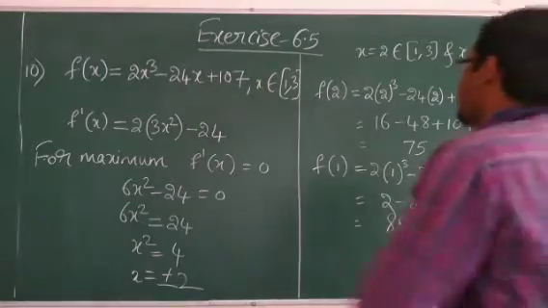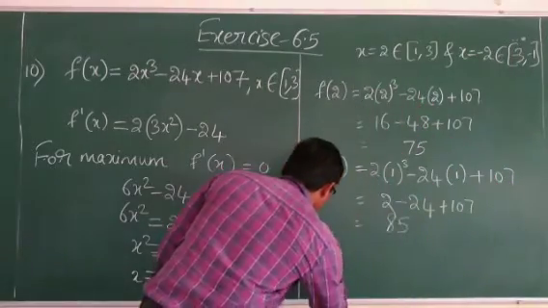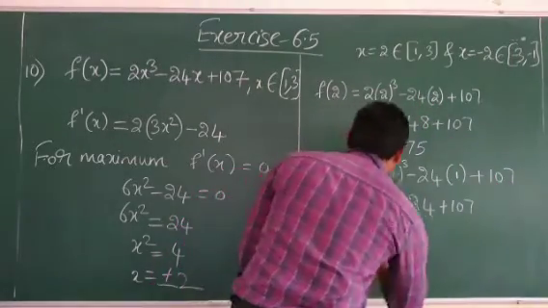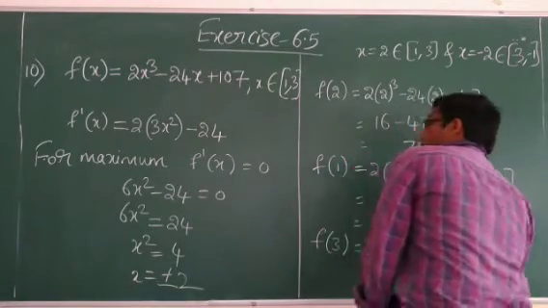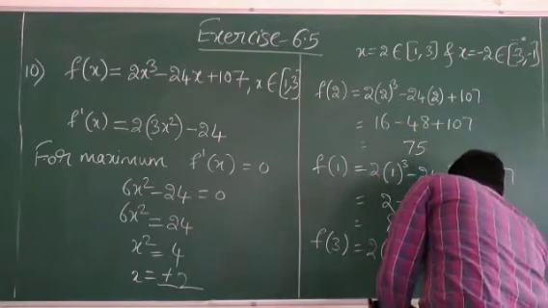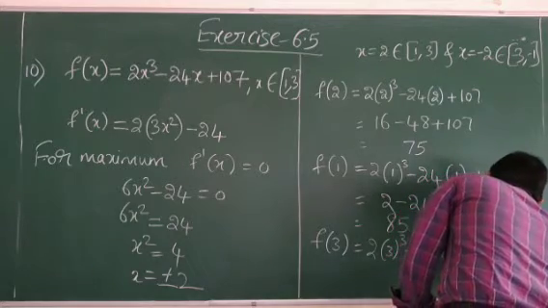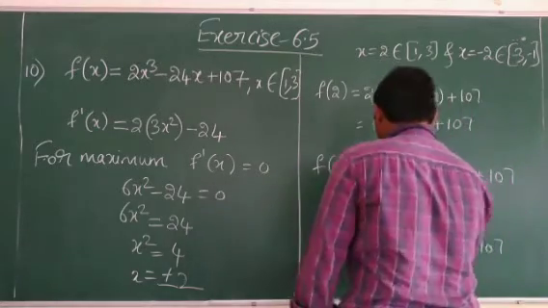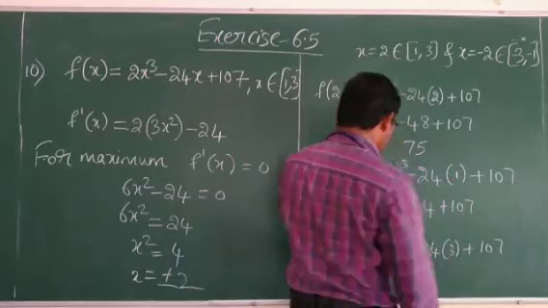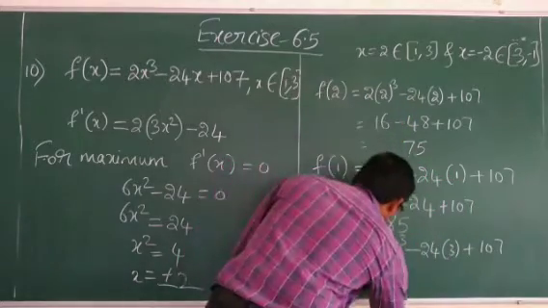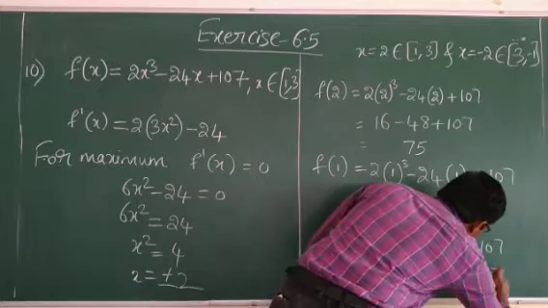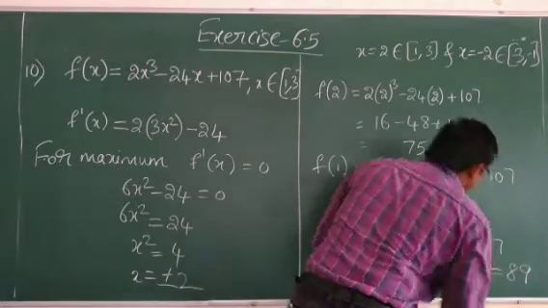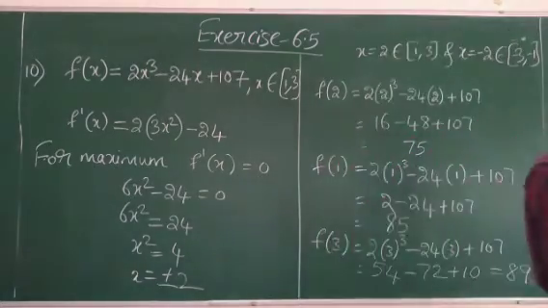Substitute other endpoint 3. So f at 3 is equal to 2 into 3 cube minus 24 into 3 plus 107. You get 3 cube 27, 27 into 2 is 54, minus 72 plus 107, which is equal to 89.